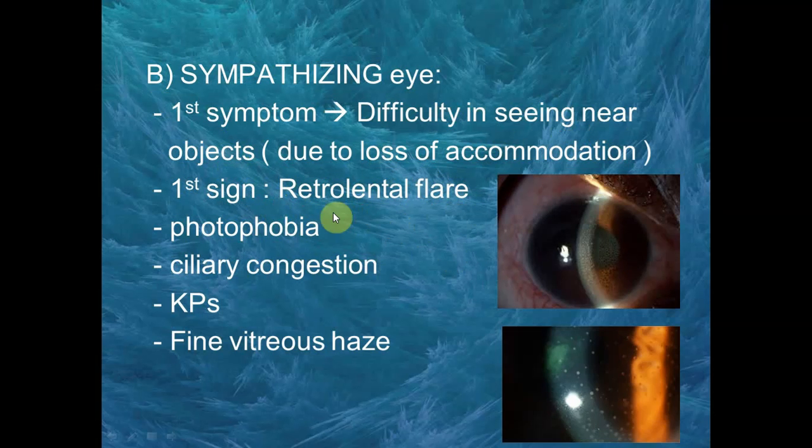That is what we call a retrolental flare, which is the first sign of sympathetic ophthalmitis in the sympathizing eye. Apart from that, we also see photophobia, ciliary congestion, keratic precipitates, and just behind the lens there will be a fine vitreous haze as well.